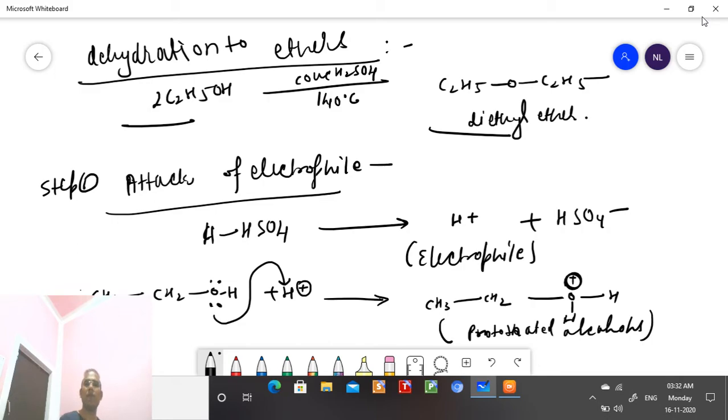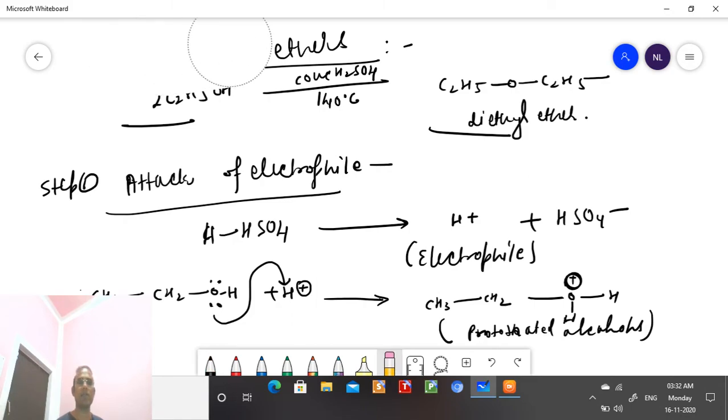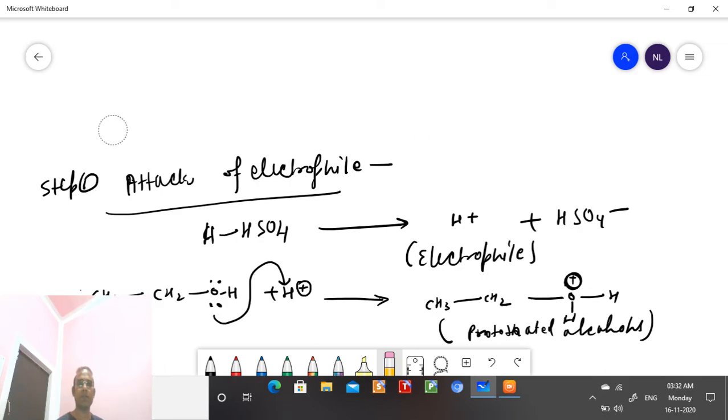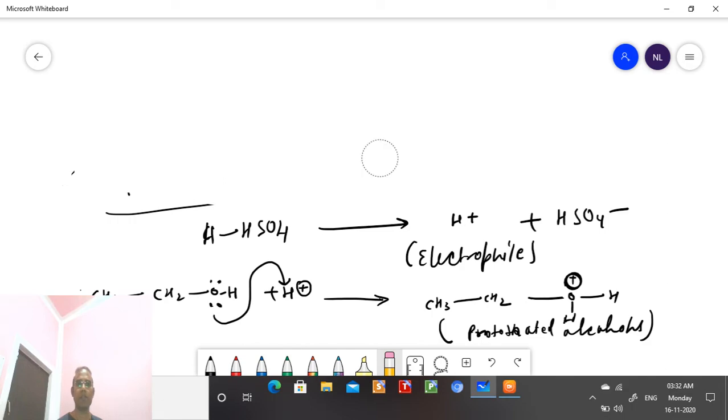Now let us look at the second step. The second step is quite important, which you have to keep in mind while solving this type of mechanism.